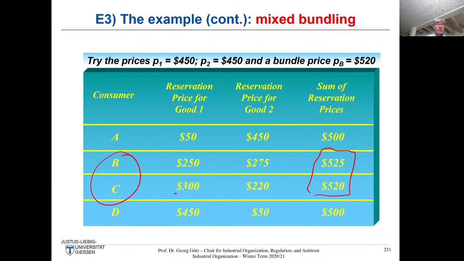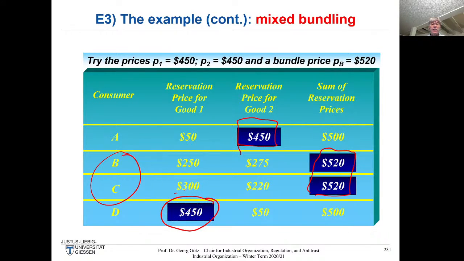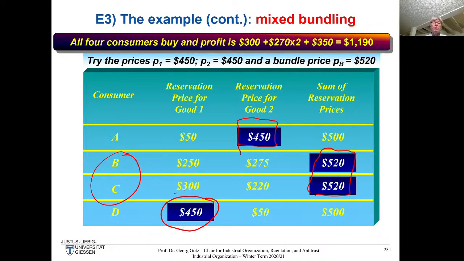And the nice thing is, you can sell good 2 at a price of 450, and consumer A will still buy, and good 1 at a price of 450, and consumer D will buy. Okay, so that's what you get here, and your profit will be almost 20% higher. And that's a good idea.